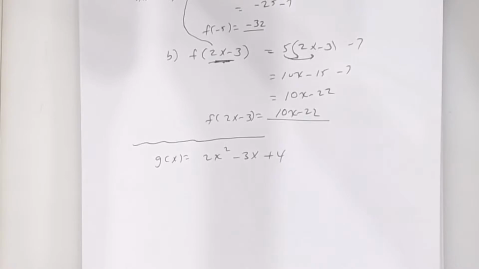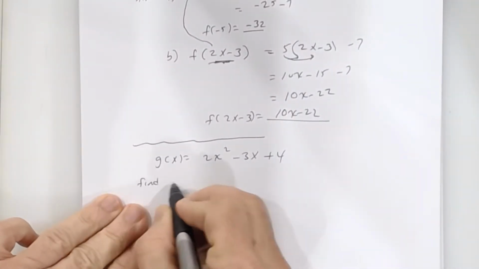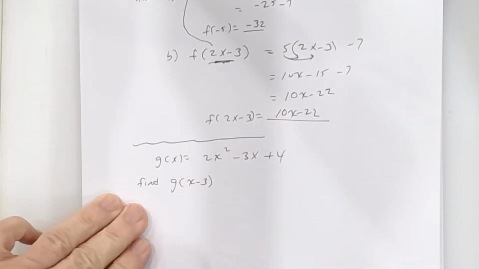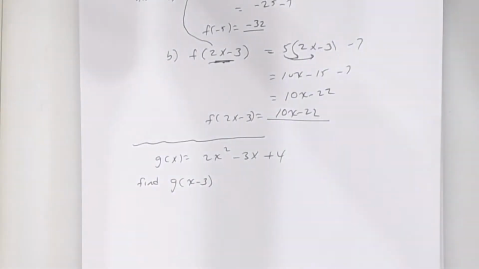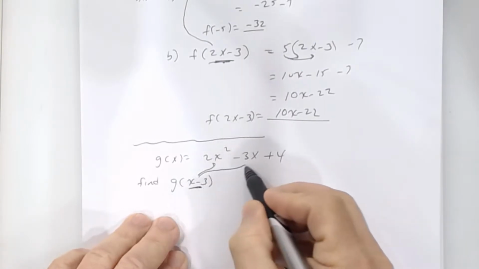So let's find g of, let's say, x minus 3. So where we see the variable x, you're going to substitute what expression? X minus 3. And I see it twice. I see it here and here.